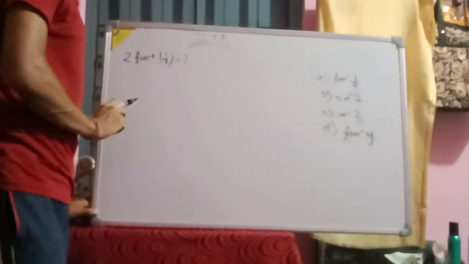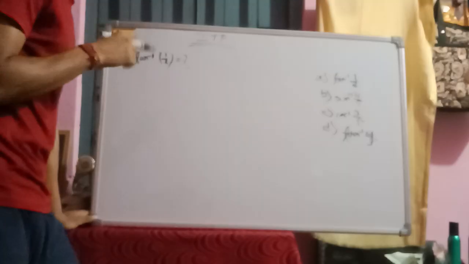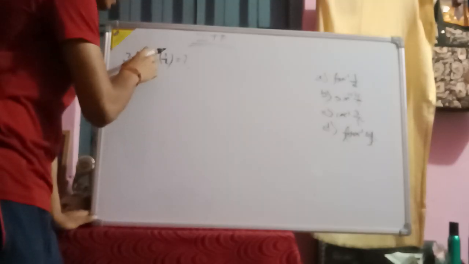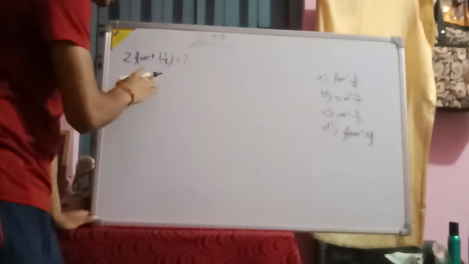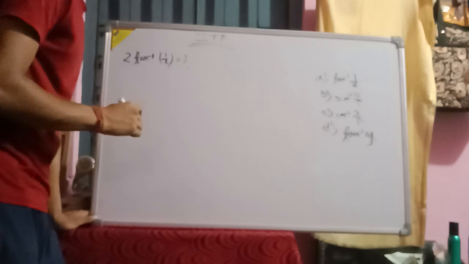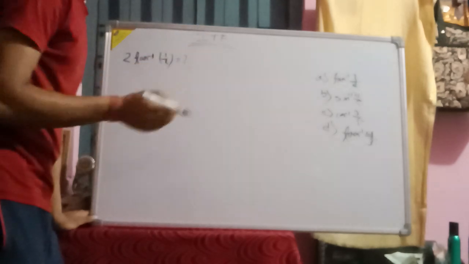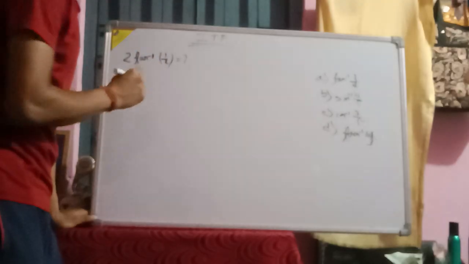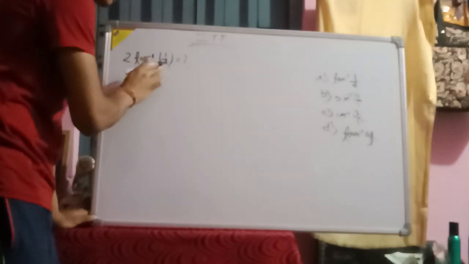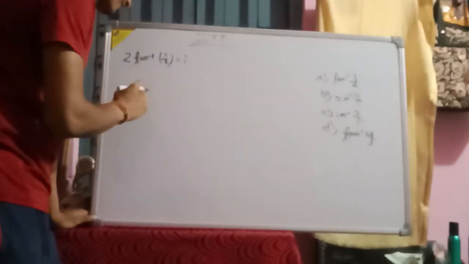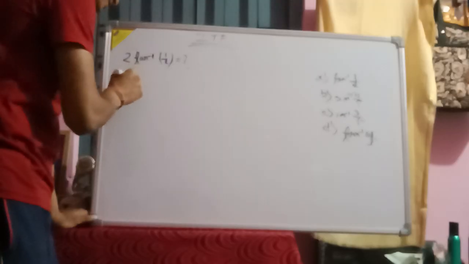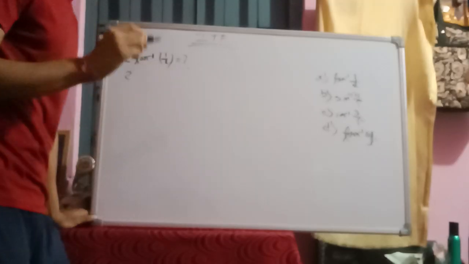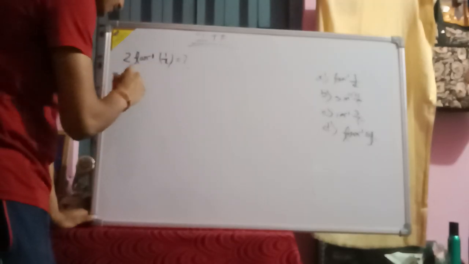So the first thing that might come into my mind is to try to convert this into any other trigonometric function, because first of all I don't know tan of what equals half. So let's try converting this into any other inverse trigonometric function.